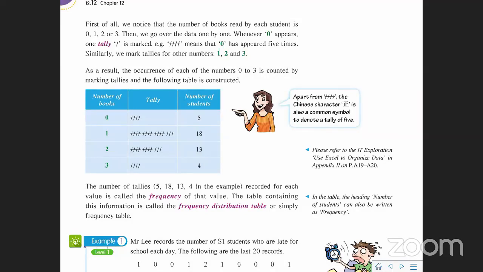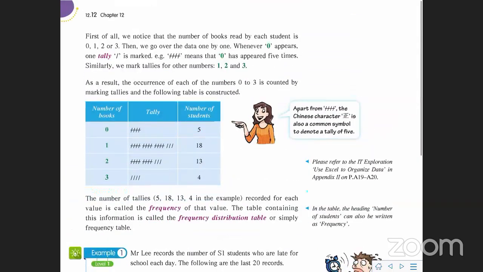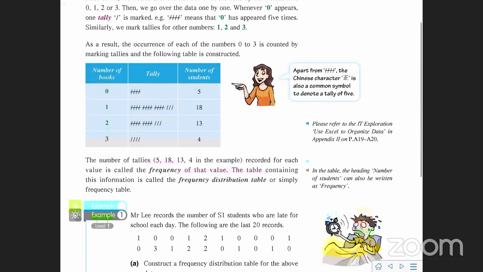Now, this one is called tally. Can you see the word? But then in this case, I cannot find my pen.